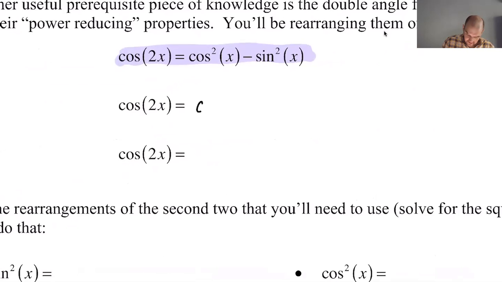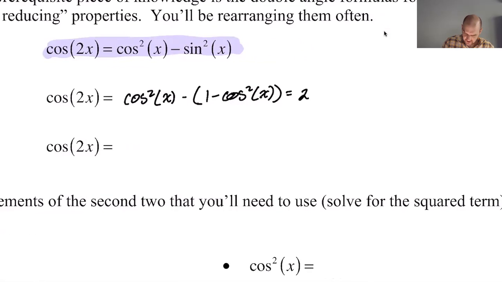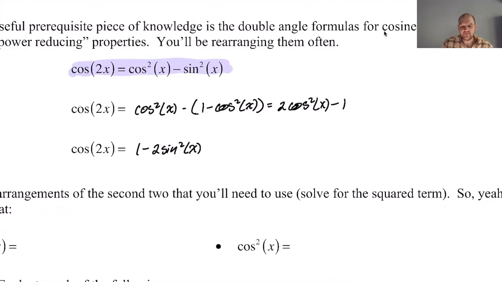And so, you'll do cosine squared of x minus the quantity 1 minus cosine squared, because sine squared is the same as that. So you should also just remember these, but you may not. Cosine squared minus 1. We do the same thing and end up with 1 minus 2 sine squared. Like so.